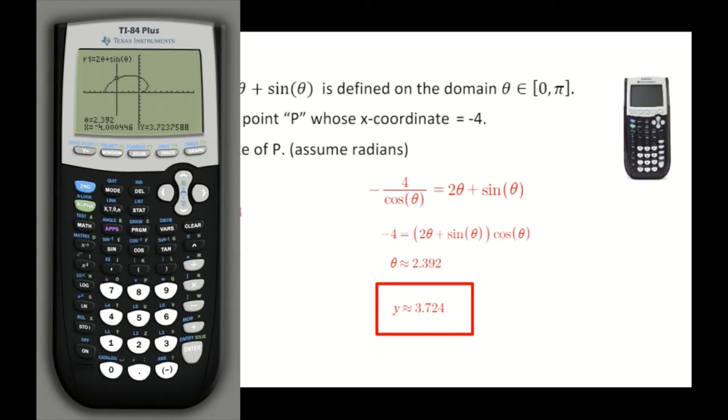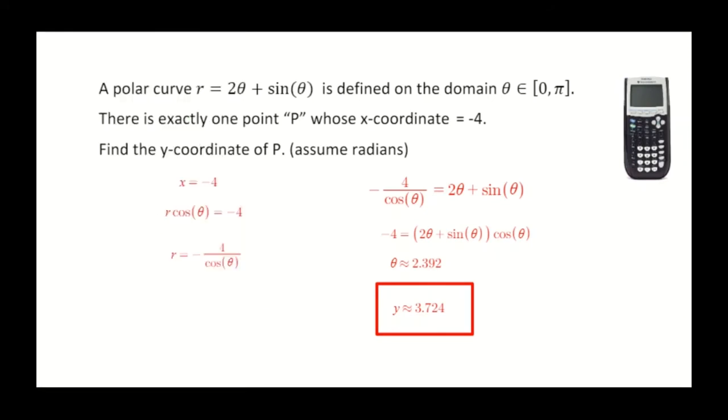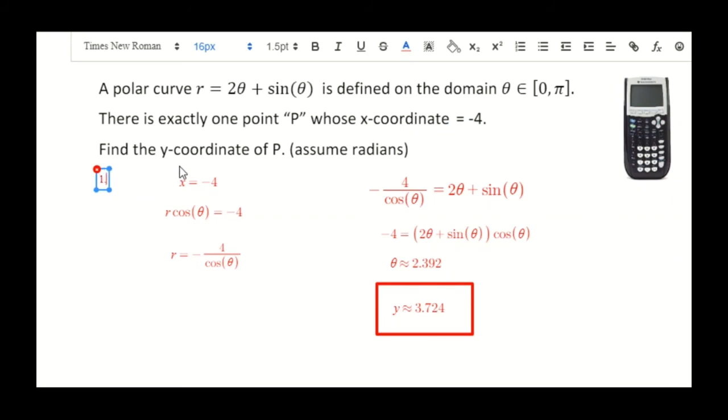So the first thing we did was, let me just hide this calculator and get this out of the way for a minute. First thing we did was we rearranged the x-coordinate equation. I'm sorry, we didn't rearrange it. We converted it to polar form. So let's see.